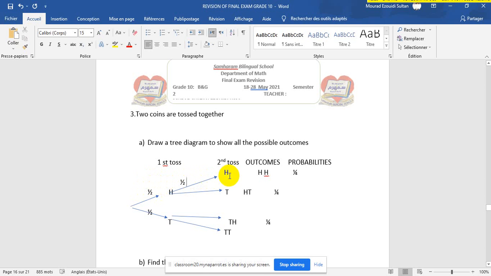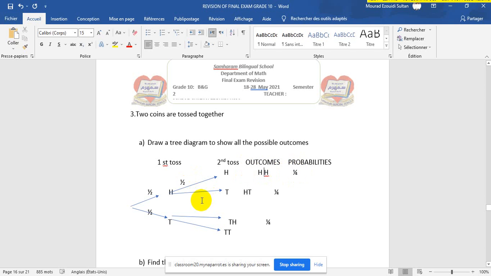So the probability of getting two heads is 1/4. Why? Because you multiply 1/2 by 1/2: 1 times 1 is 1, 2 times 2 is 4, so the answer is 1/4. This is the first step.